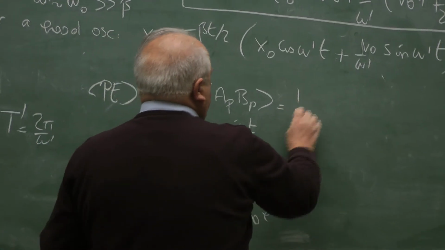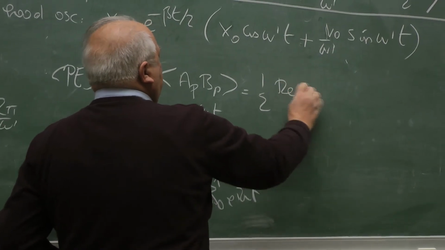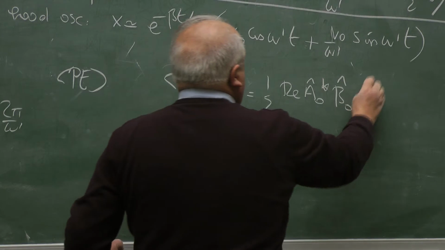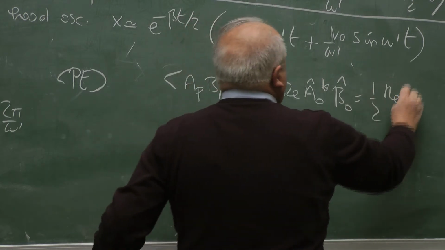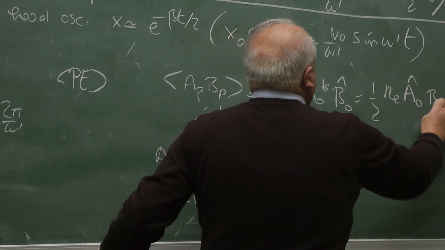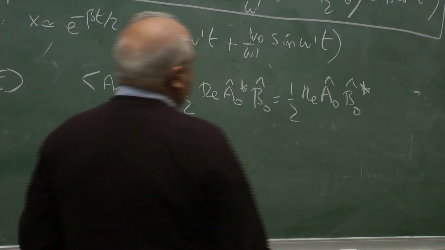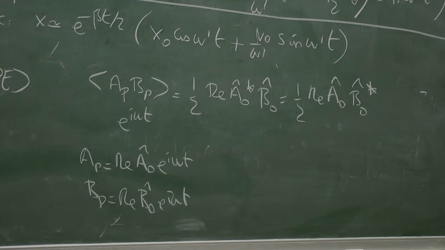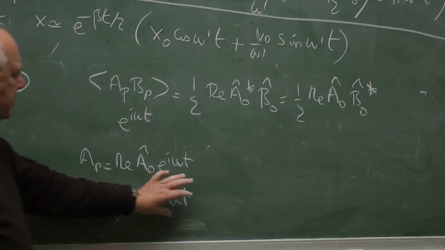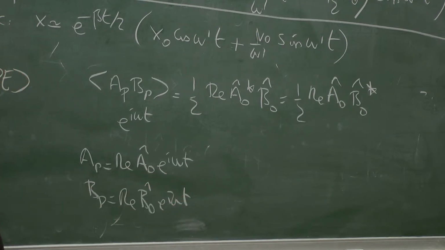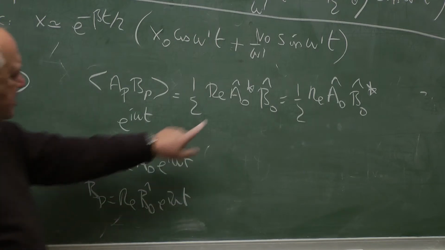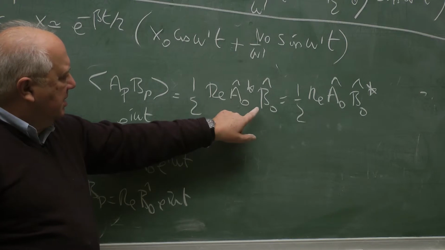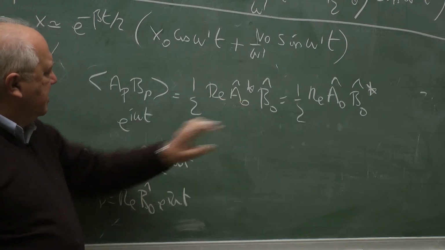And the average of their product is 1/2 the real part of A0 B0 conjugate. So it's a wonderful result where, if something is varying harmonically, we can take complex conjugates and complex coefficients and compute the averages like this.